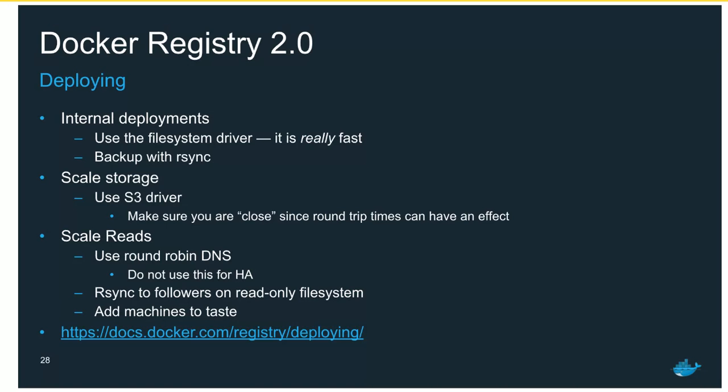Basically, you'd have a registry root, and you'd push to that, and then you could just rsync out to the followers, and that'll let you arbitrarily scale reads. Make sure you set those file systems to read only. That's not an option we have in the registry. You can also use chmod and users to get that to work.